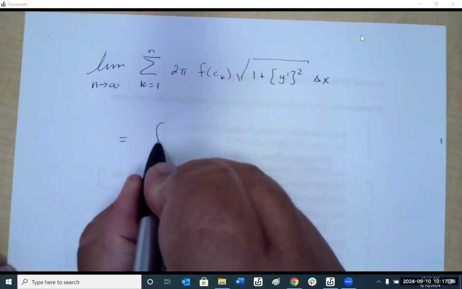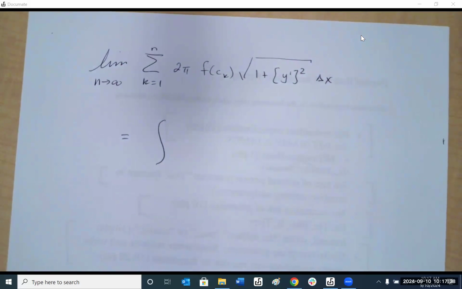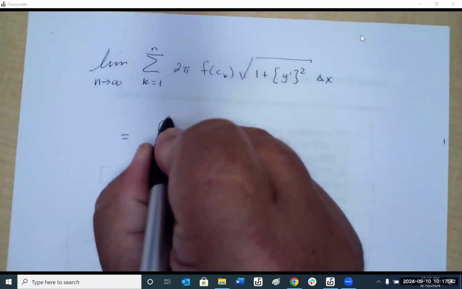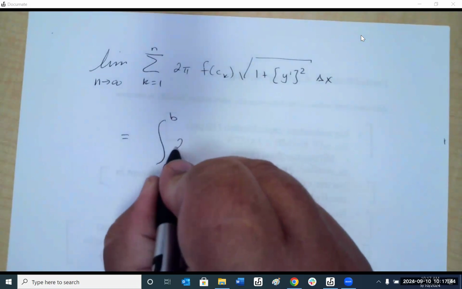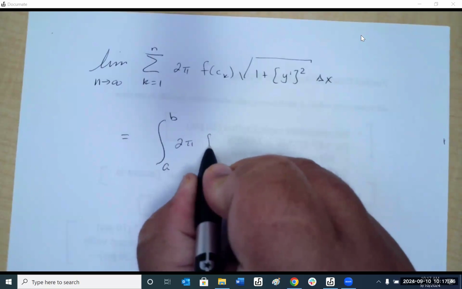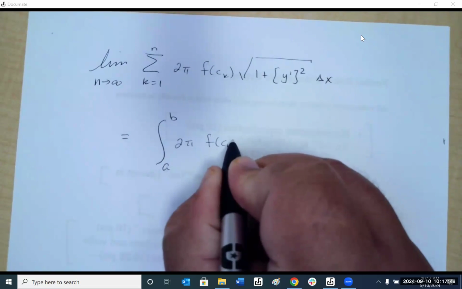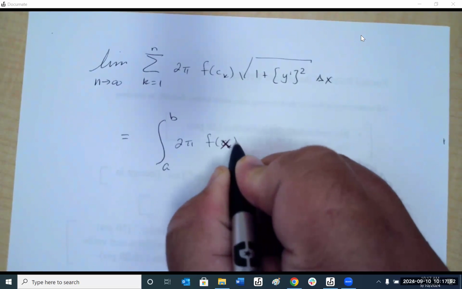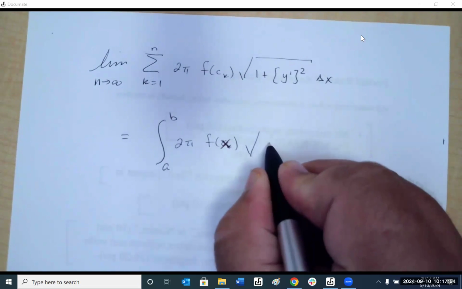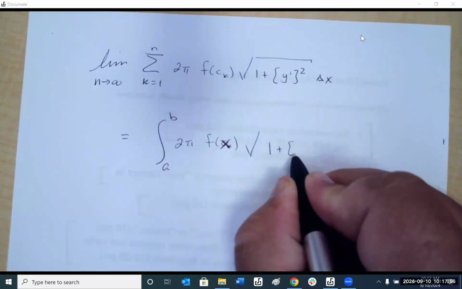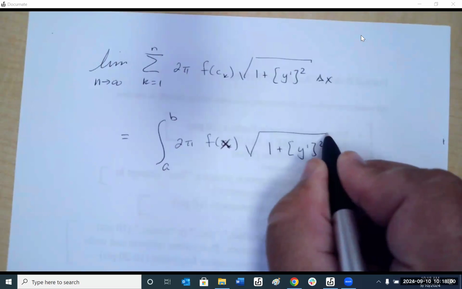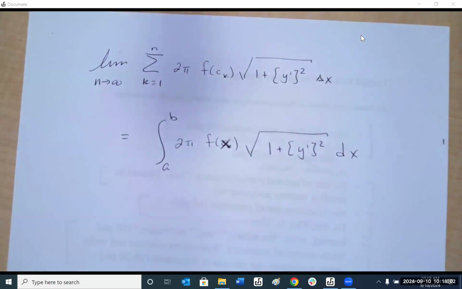That becomes our surface, which goes from A to B, 2 pi f of c, or f of x, because now we're going to take the integral, square root of 1 plus y prime squared dx.